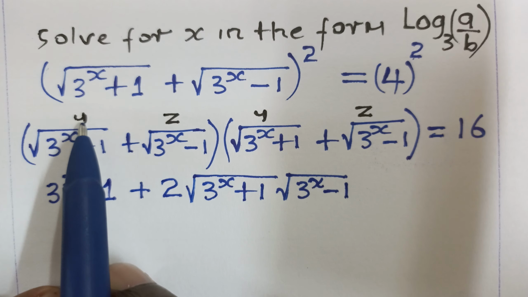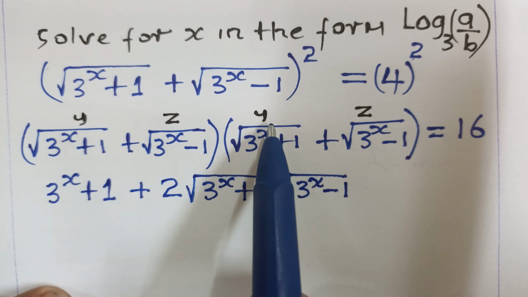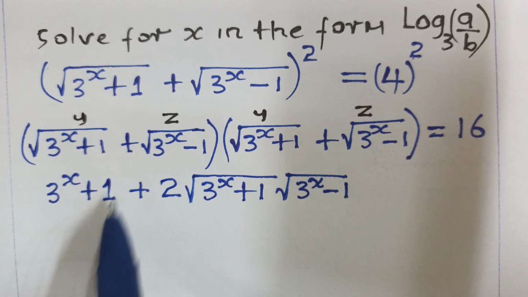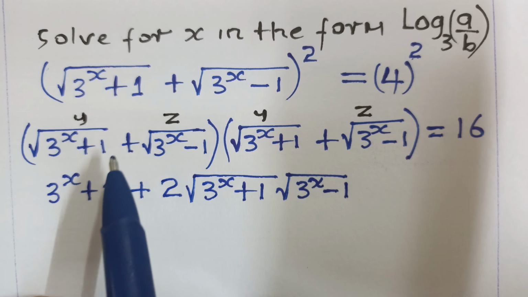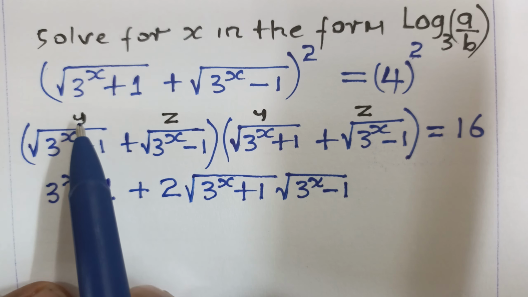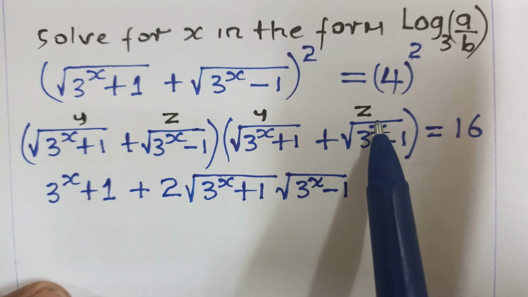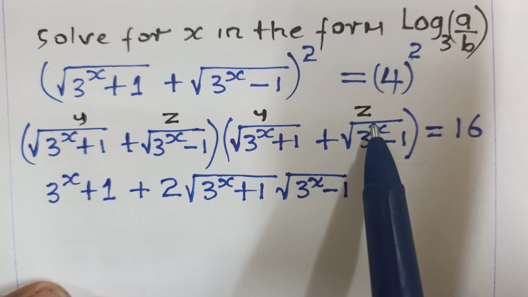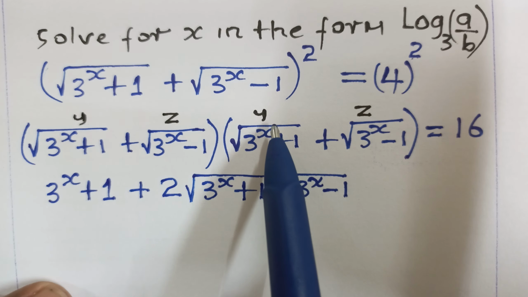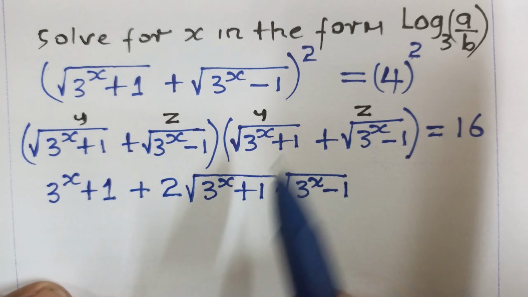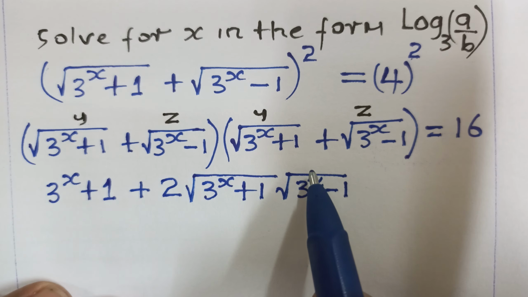For the first one, we have y squared, which gives rise to 3^x plus 1. The second one is a combination of two terms: y multiplied by z, that is yz, plus z multiplied by y, and when you add them you get 2yz.